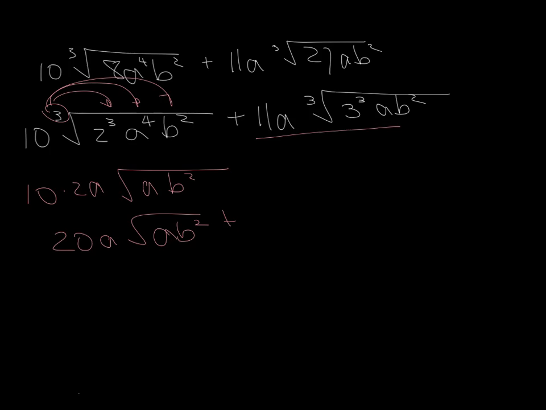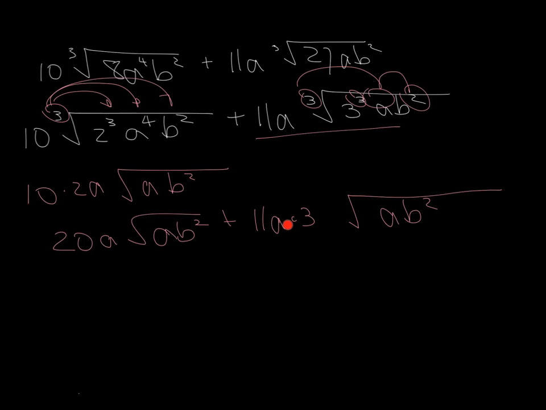Now let's work on this one. 3 goes into 3 once, so I pull the 3 out. And nothing here, nothing here. So those stay there. This then will become 33a.